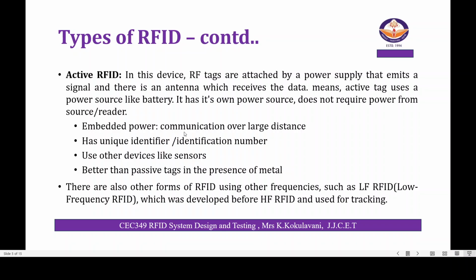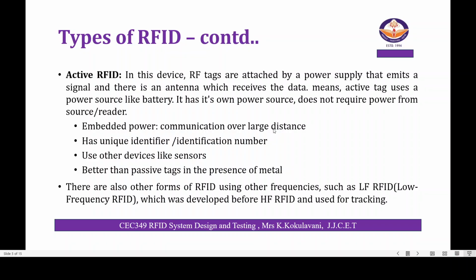This is another type of RFID, active RFID. In this device, RF tags are attached to a power supply that emits a signal, and there is an antenna which receives the data. This means an active tag uses a power source like a battery. It has its own power source and does not require power from the reader as mentioned above in the passive RFID.